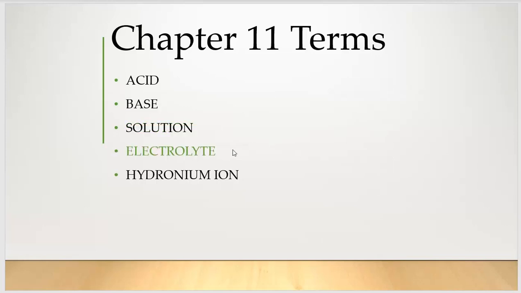Electrolyte. Now, this is a term that we didn't specifically mention in the videos, but essentially, when you have an acid, don't forget that the acid allows protons, it allows ions into the solution, right? If you have a base, well, that is also something that produces ions in a solution.